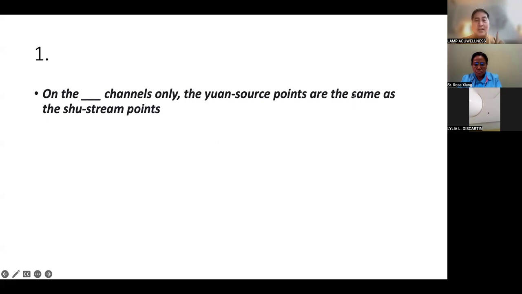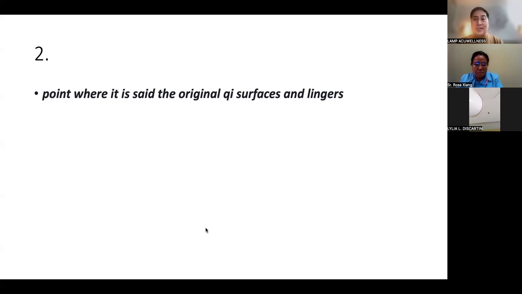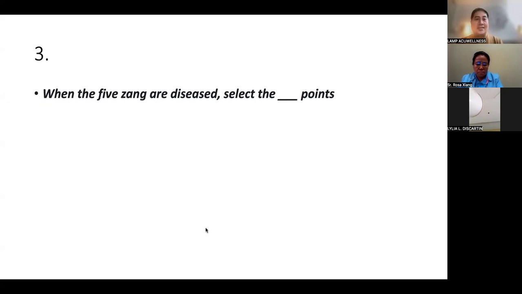You have to answer yin or yang channels. On the blank channels only, the Yuan-Source points are the same as the shu-stream points. Yin, yin, okay, good. The point where it is said the original chi surfaces and lingers: Yuan-Source. When the five zang are diseased, what points will you select first?